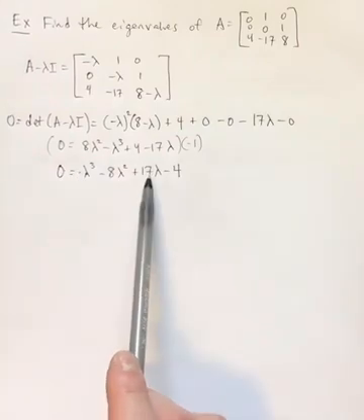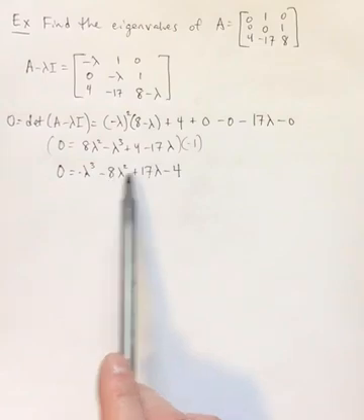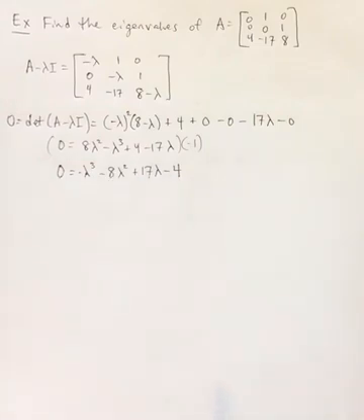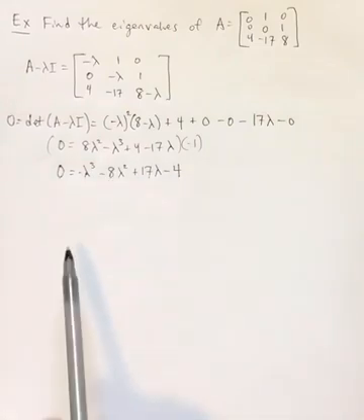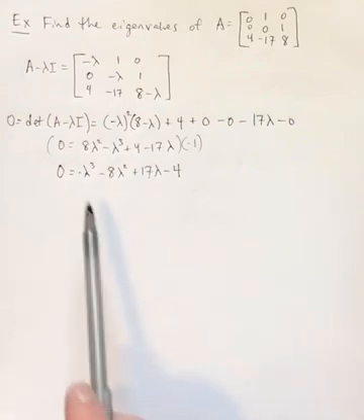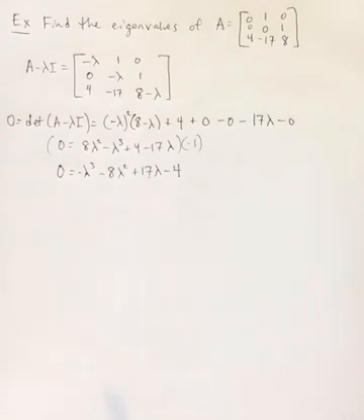So 1 plus 17 is not the same thing as negative 8 plus negative 4. In addition, we could use Descartes' rule of signs to say that because the signs alternate, there are either 3 positive roots or 1 positive root and 2 imaginary. So we don't even have to check negatives.